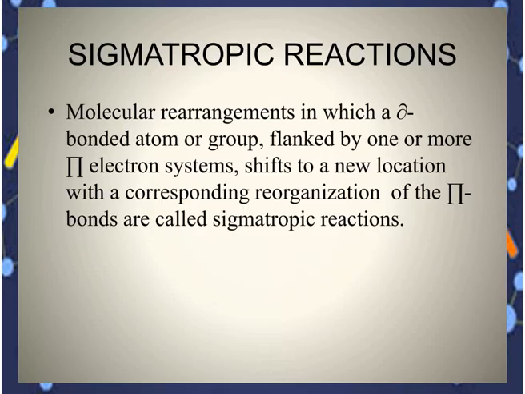Now the important type of reaction is known as sigmatropic reactions. What are sigmatropic reactions? Molecular rearrangement in which a sigma bonded atom or group flanked by one or more pi electron systems shifts to a new location with a corresponding reorganization of the pi bonds are called sigmatropic reactions.